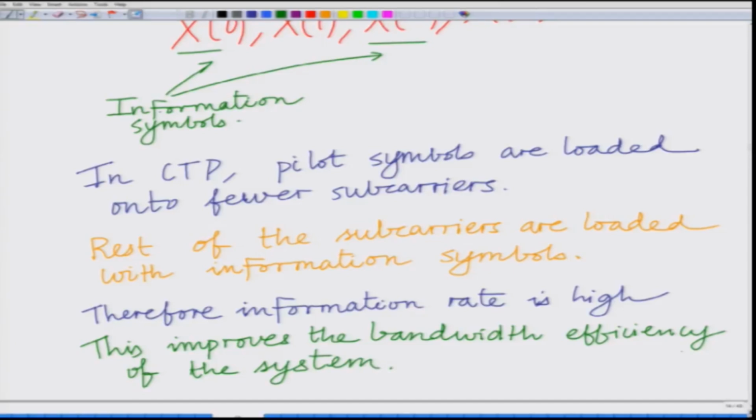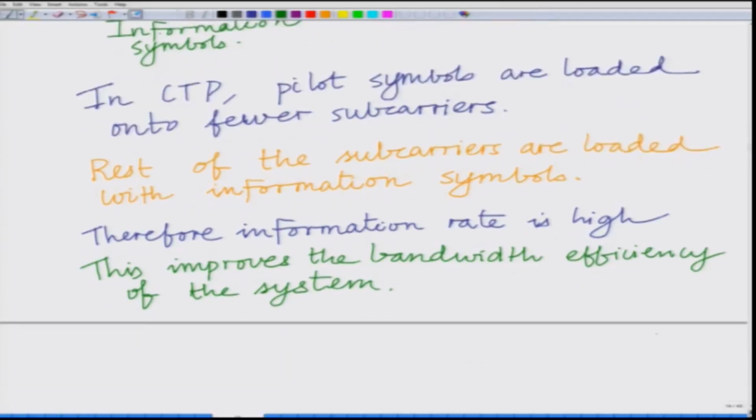This significantly improves the bandwidth efficiency of the system, all right. So, that is what we have seen.